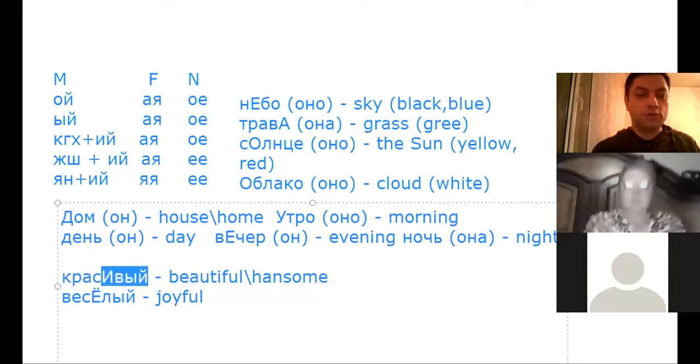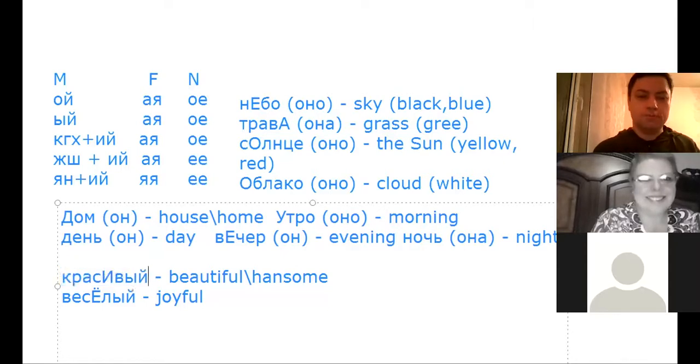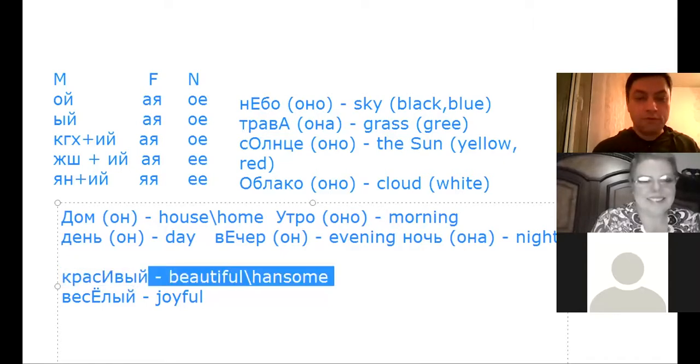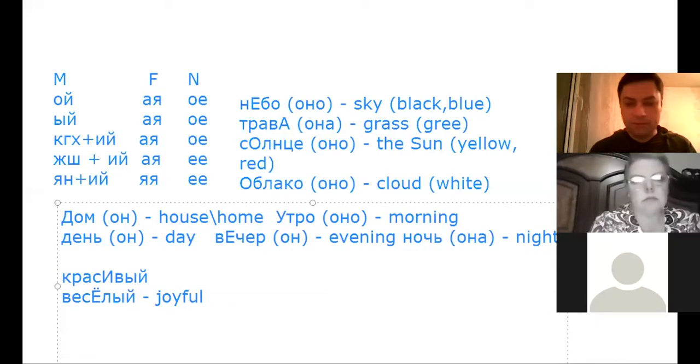And you can also use this word to describe things: a car, music, scenery, homework. Everything can be described with this word. Веселый also can describe people. This person is very joyful, or very happy, or it can also describe other things.